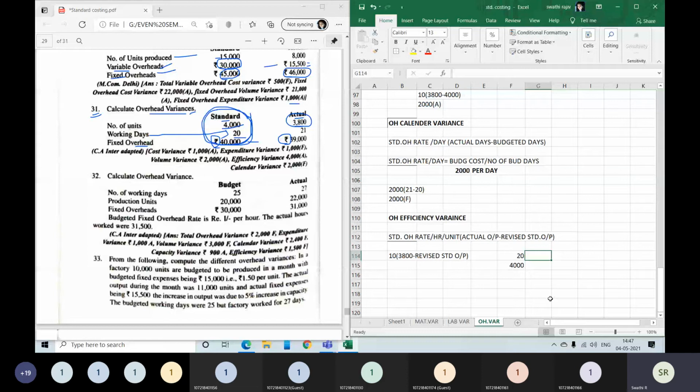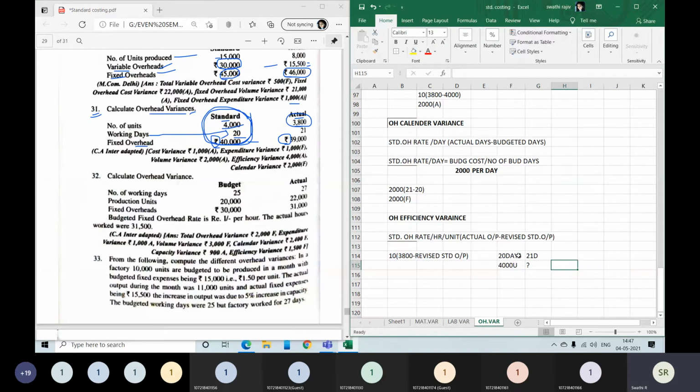What is our number of days? Is it 20 now? Okay, I'll do it for 20 days first. For 20 days, we thought we will produce 4,000 units. But the number of days is 21 now. Then how much would have been your standard?